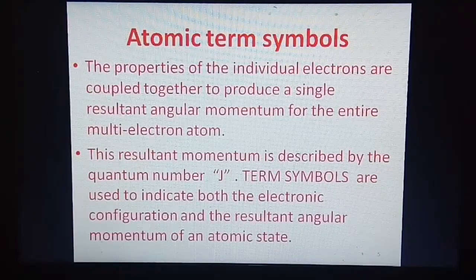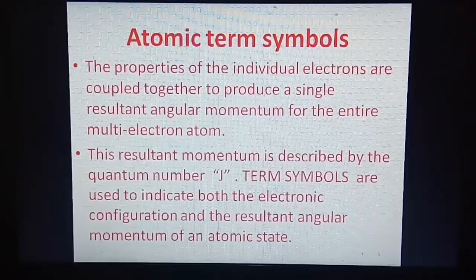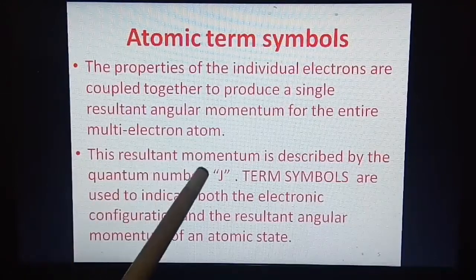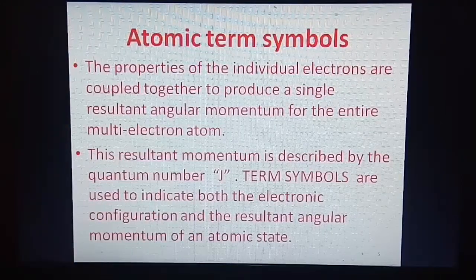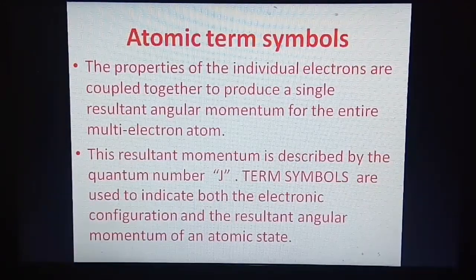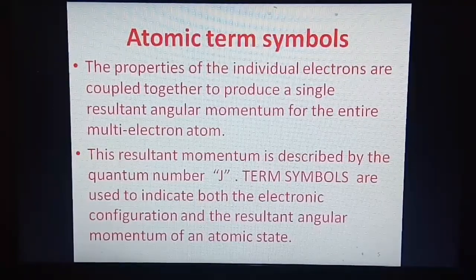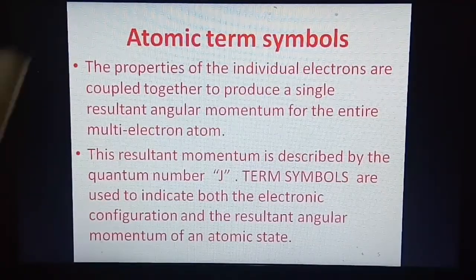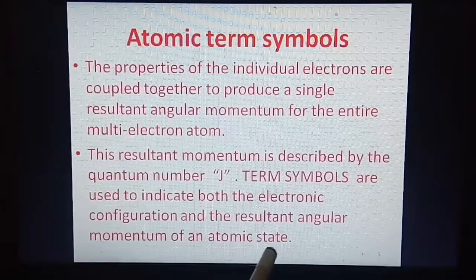The properties of the individual electrons are coupled together to produce a single resultant angular momentum for the entire multi-electron atom. The resultant momentum is described by the quantum number J. The term symbols are used to indicate both the electronic configuration and the resultant angular momentum of an atomic state.